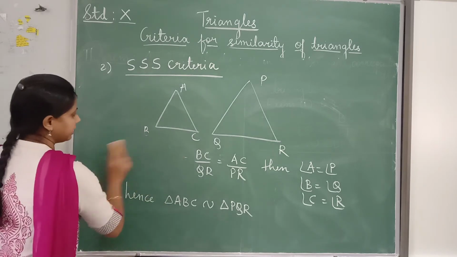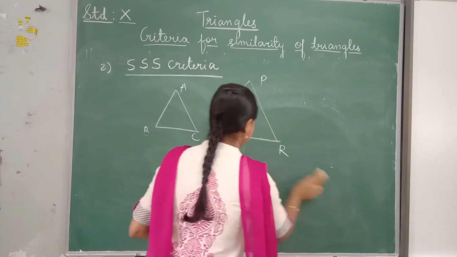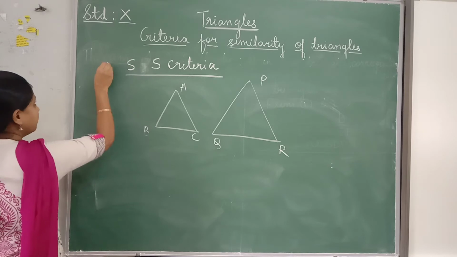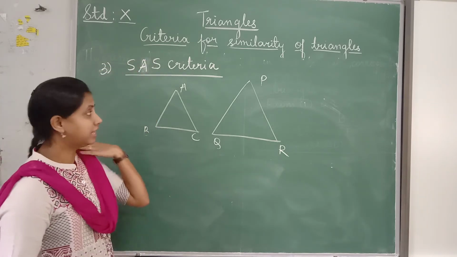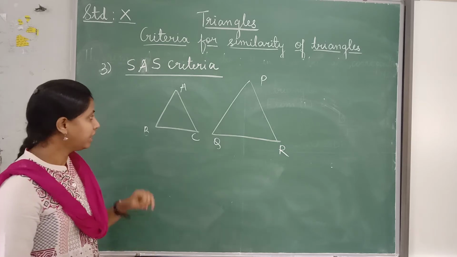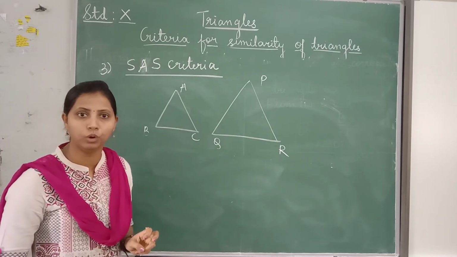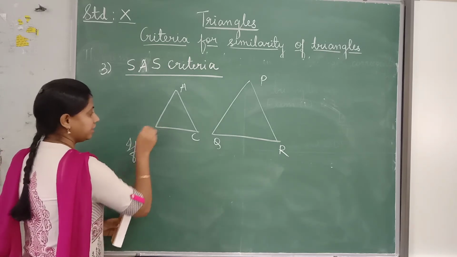Now next, let us see SAS criteria. What is the meaning of SAS criteria? SAS means if two sides are in equal ratio and their included angle is equal. Consider the same triangles.